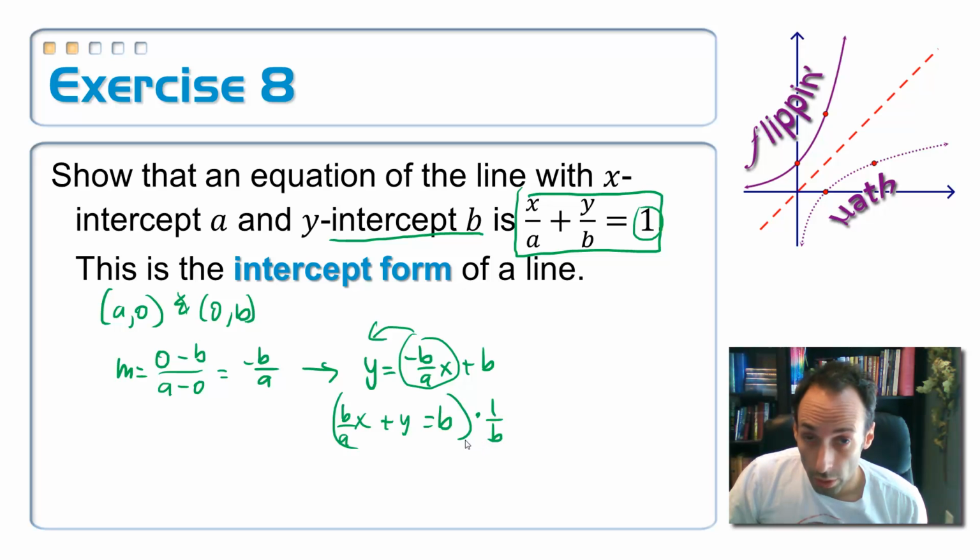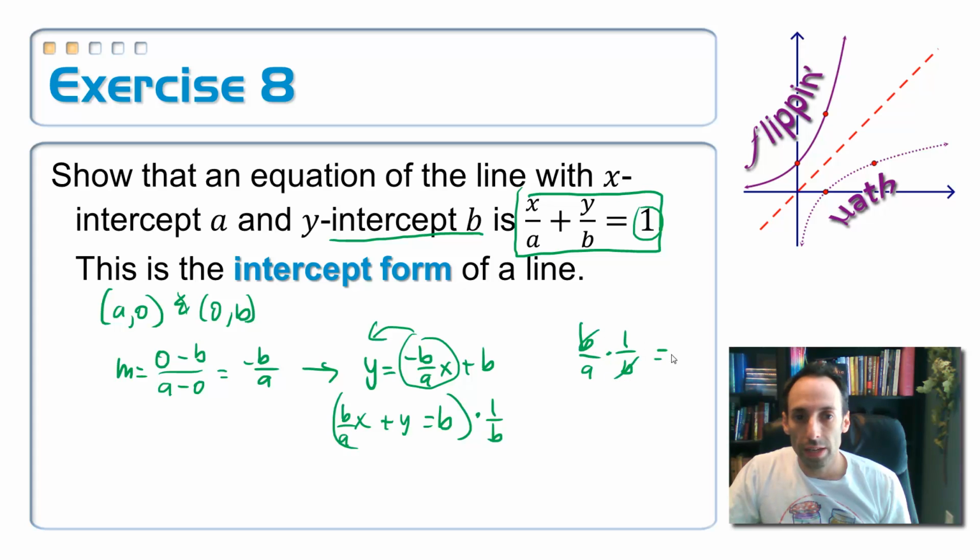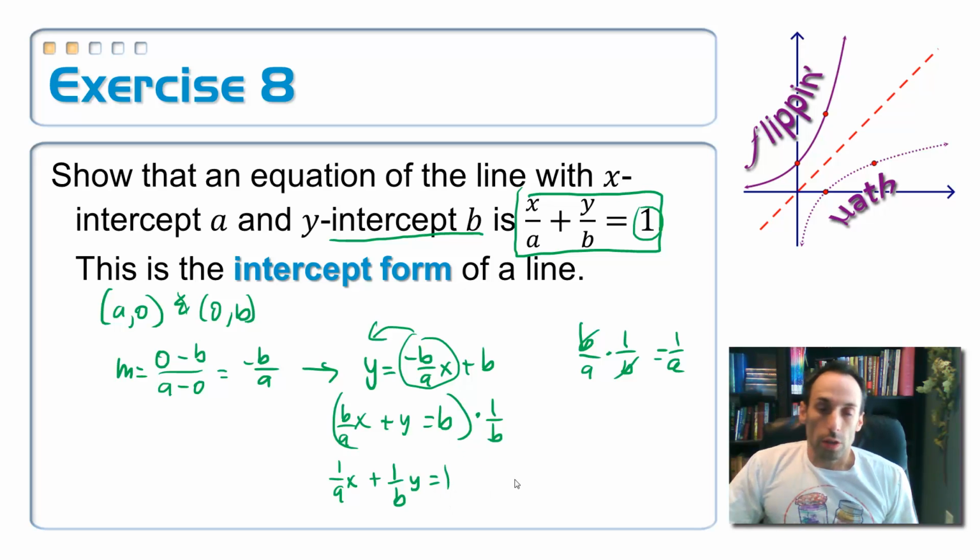Would you agree? Good. So, on the left-hand side, whenever you multiply b over a times 1 over b, the b's cancel and you just have 1 over a. 1 over a x plus 1 over b y is equal to, and then b times 1 over b is 1. You don't have to write it like that.